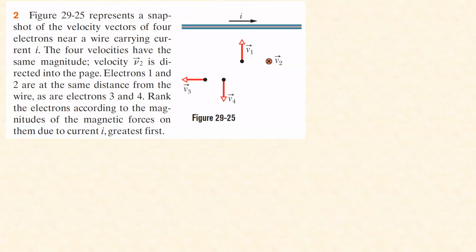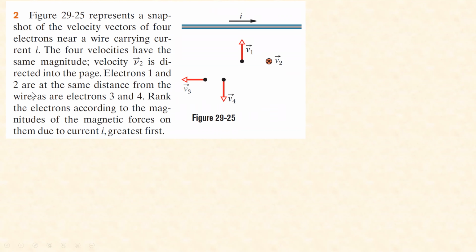All right. Here it says the figure represents a snapshot of the velocity vectors of 4 electrons near a wire carrying current I. The 4 velocities have the same magnitude. Velocity V2 is directed into the page, as shown by the crosses.